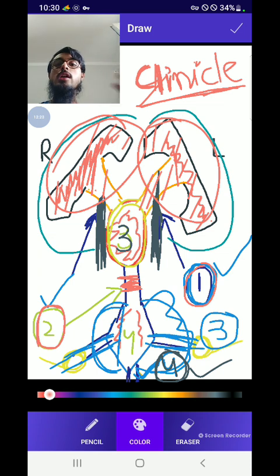The condition called hydrocephalus is present in babies, because the baby's brain is not fully developed, so the ossification of the bones also takes time. When there is a blockage in the ventricles of the brain of the baby, there is a lot of production of CSF, a lot of fluid accumulates, and the head of the baby is large.